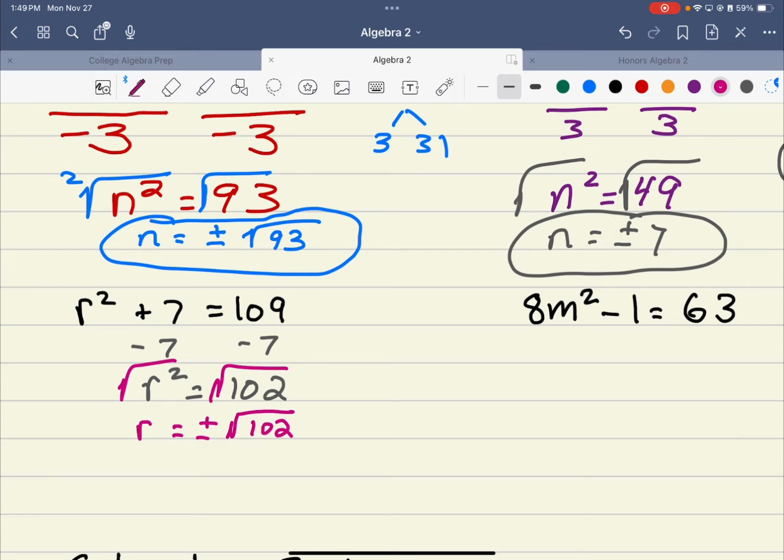102 is not a perfect square. We're going to do a factor tree. Two goes into it 51 times. 51 is 3 times 17.